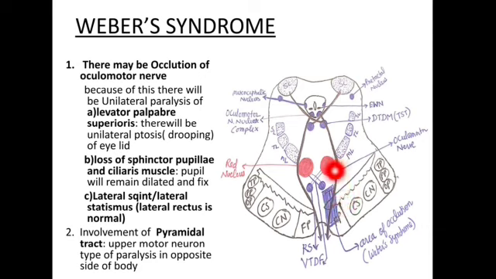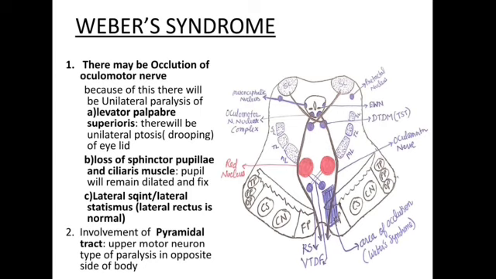Because of occlusion of oculomotor nerve, there will be symptoms. There will be unilateral paralysis of levator palpebrae superioris. There will be unilateral ptosis, drooping of eyelid, loss of sphincter pupillae and ciliaris muscle.